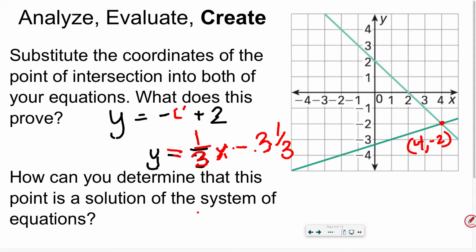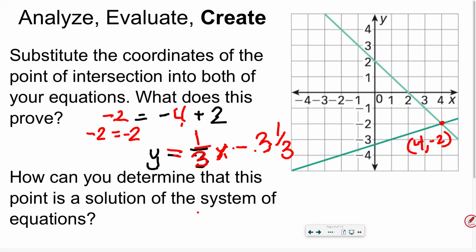Now we have -4 plus 2, and we replace our y with -2. What do we have? -2.